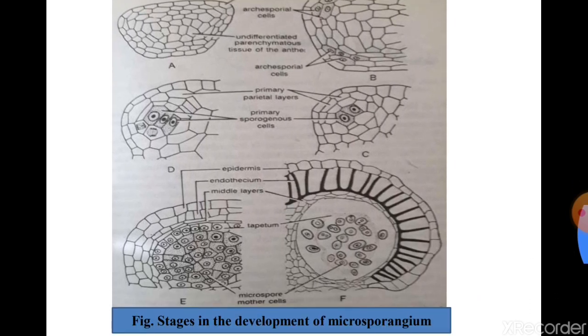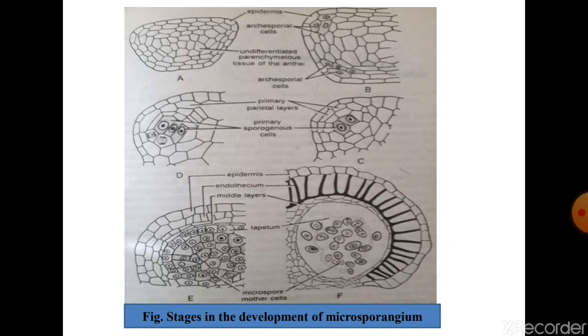This figure is showing the stages in the development of microsporangium. Figure A is representing the homogeneous mass of cells which is bounded by epidermis, and now the undifferentiated parenchymatous cells result into the archisporial cells inside the epidermis, and the archisporial cells divide by periclinal division to form outer primary parietal layer and inner primary sporogenous layers.